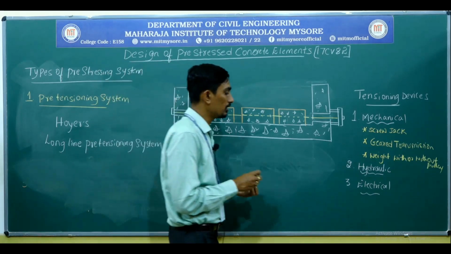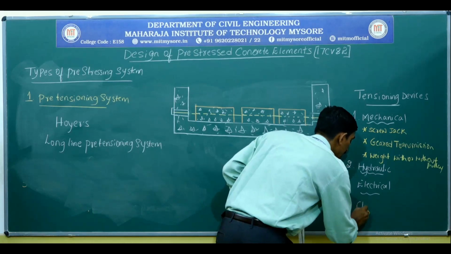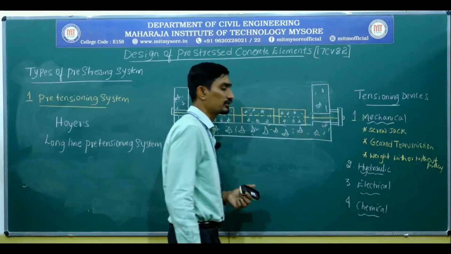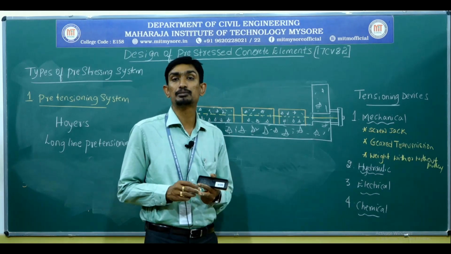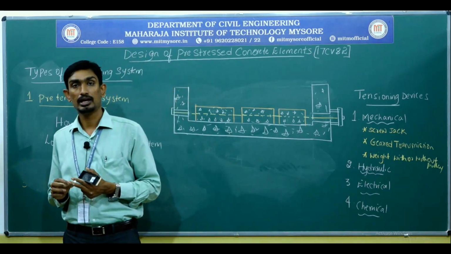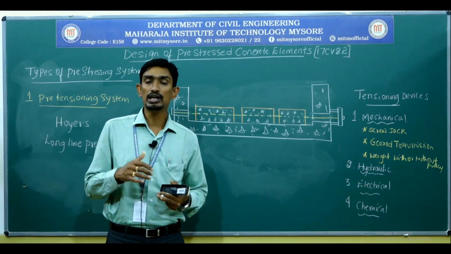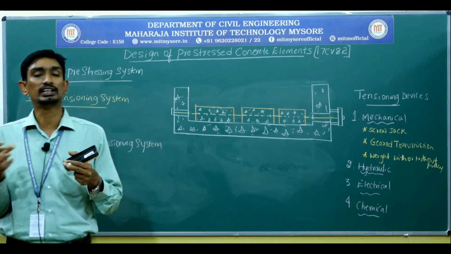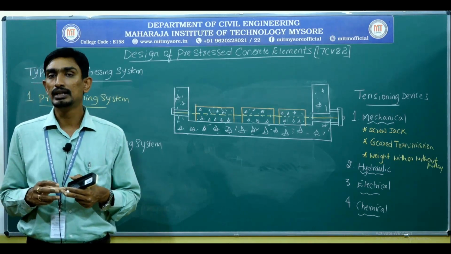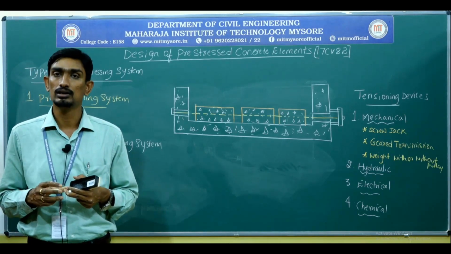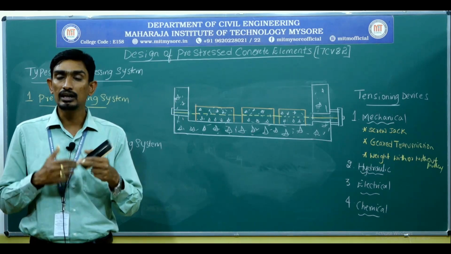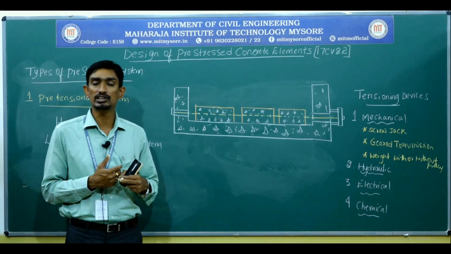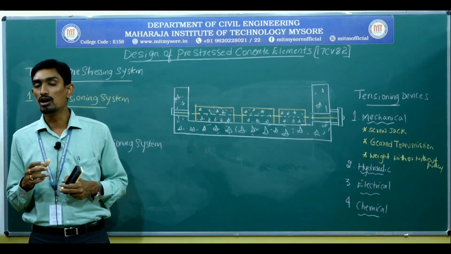And one more way they use is the chemical way of tensioning. Chemical way means they use expansive cements. By using expansive cements, the chemical interaction will induce tensioning in the tendon by varying the curing conditions inside the concrete.